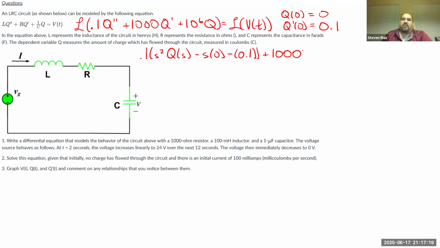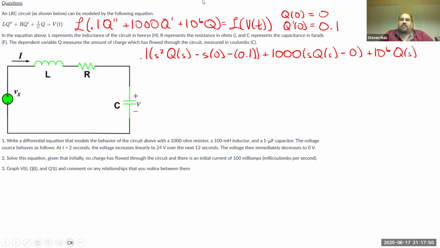Plus 1,000 times Q prime. So how do we deal with that? I believe it's s times Q of s minus Q of 0, so that'll be 0. Plus 10 to the sixth times Q, which just gets transformed to Q of s.